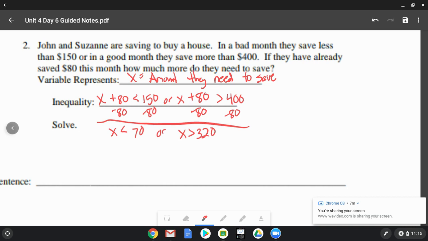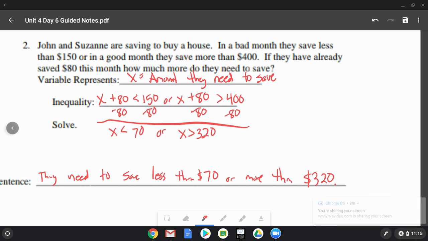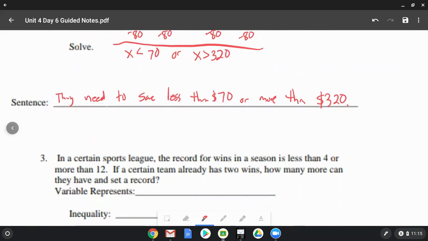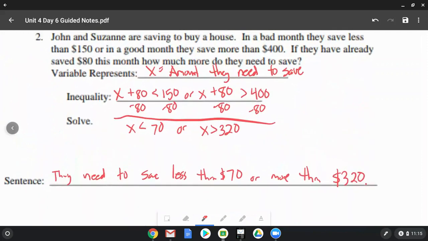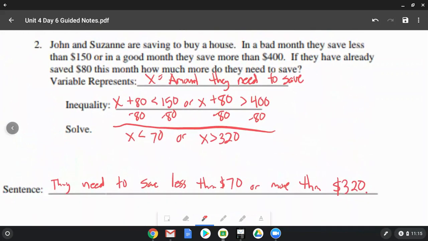So then my sentence would be, they need to save less than 70 or more than 320. Oh, I'll let you pause that right there if you need it. And if you don't, let's keep rolling. Keep moving along here. All right.